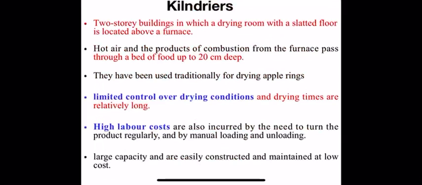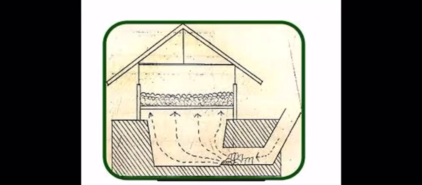Hypothetically, in the picture, at the bottom, in the rectangular second story, there are some foods that have been placed. From the bottom, as you can see from these arrows, this is the heating source, and as the heat flows from the lower story up to the second story, it carries heat with it.